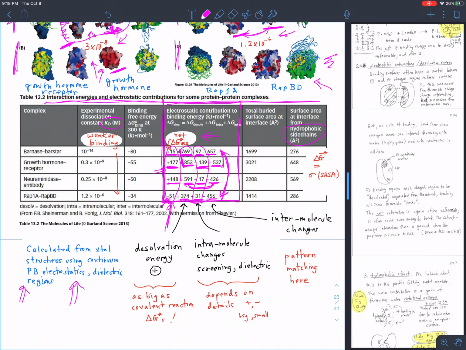It's this last case. So the overall binding is the weakest case that actually has the only case that's got favorable electrostatic interactions. Most of the time, for these examples at least, the electrostatic interactions are net unfavorable.